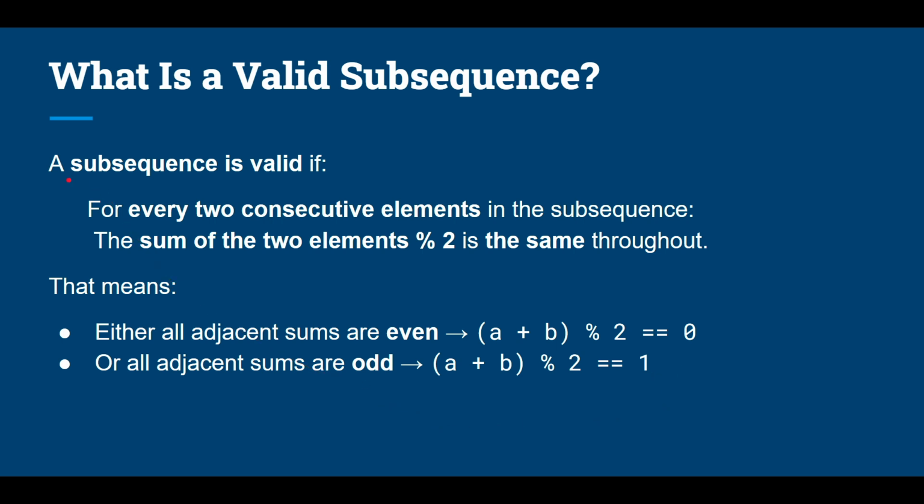We are trying to understand how we can say a subsequence is valid. A subsequence is valid if for every 2 consecutive elements in the subsequence, the sum of the 2 elements, when taking the mod, is the same. If the adjacent sum mod comes 0, then it means it is even, otherwise it's odd.